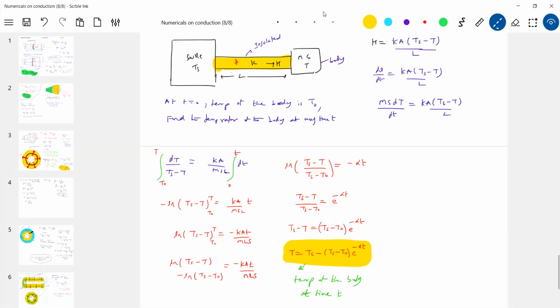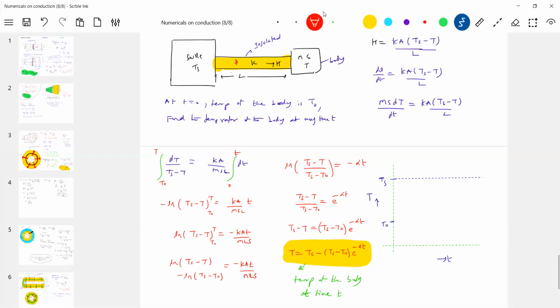Because the idea of that is also needed. Maybe they may ask you some questions based on this graph also. We should be in a better position. So initially, what was the temperature? It was T naught. Finally, it is Ts. And this is the temperature of the body. Exponentially increasing. Go back to the first graphical problems we did. So what is the curve?